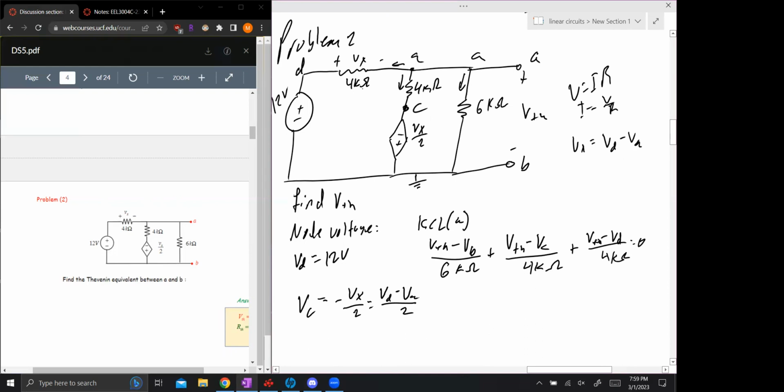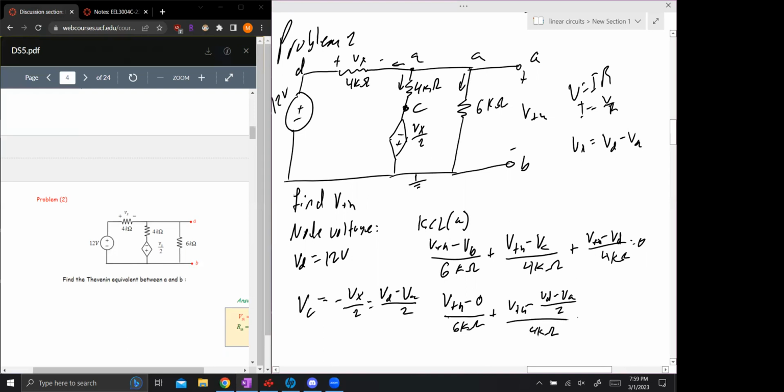Now, what I was going to do earlier, actually, I'm somewhat vindicated on that because with VC in this equation, I was worried about what the voltage at C was, and we're going to substitute it in now. So we have V Thevenin minus, we know VB is 0, over 6 kilo ohms, plus V Thevenin minus, and then this is going to be VD minus VA over 2, all over 4 kilo ohms.